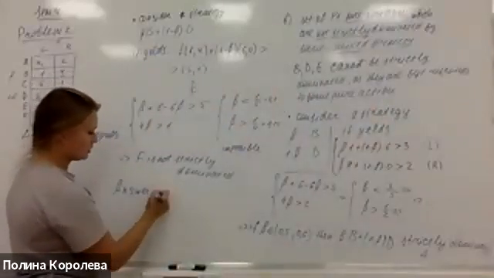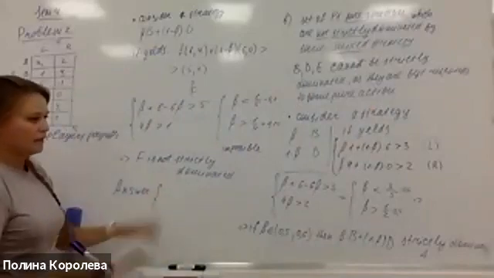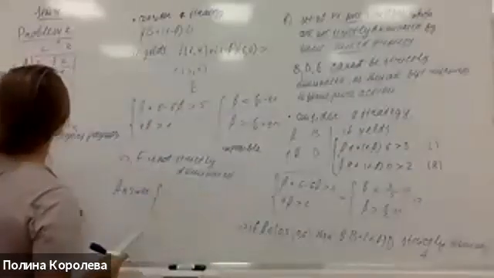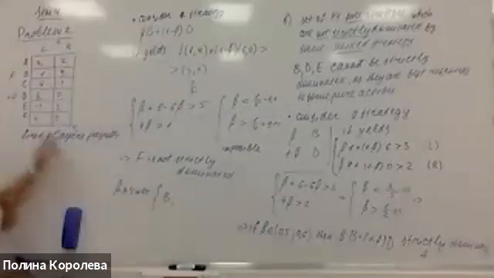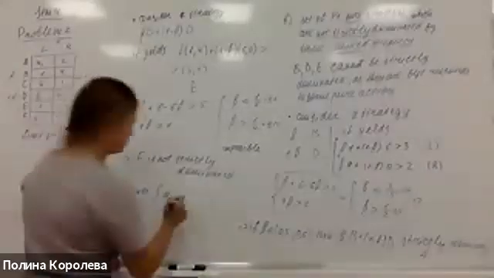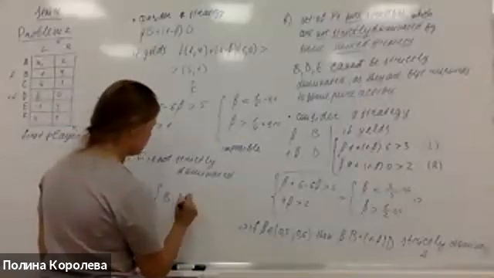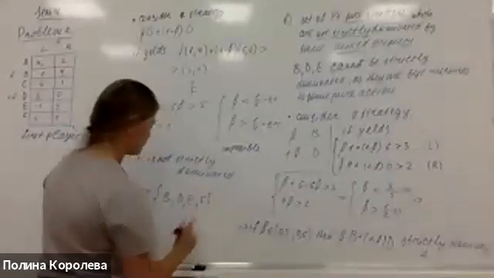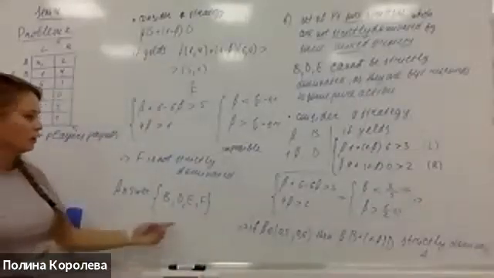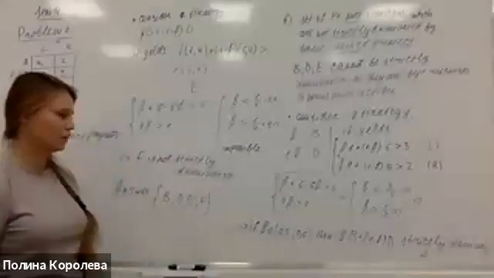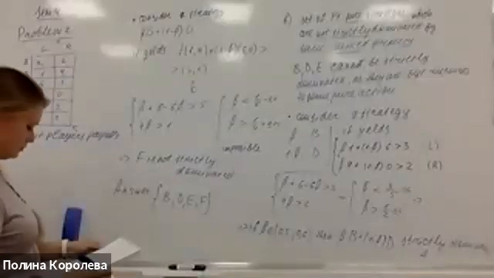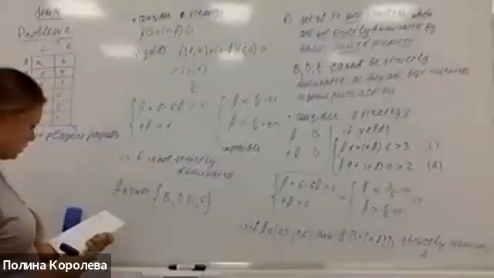So A is strictly dominated, B, yes, C also strictly dominated, then D, E, and F. D, E, and F. This is our answer. We write down F because it is not strictly dominated. We proved it. Okay? That's all.